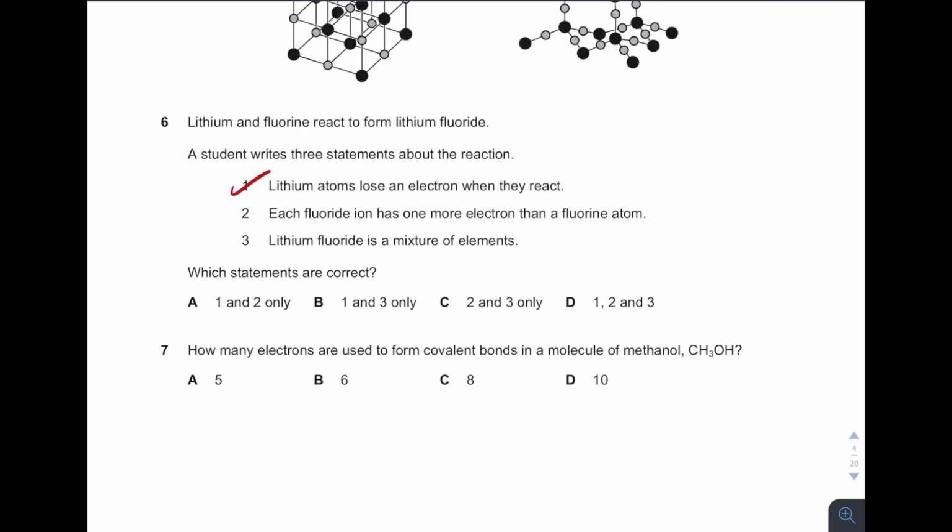So fluoride has extra electrons compared to fluorine. Correct. Lithium fluoride is a mixture of elements. No, it is incorrect. Remember, they are an ionic compound, not a mixture of elements. So the answer is 1 and 2, which is A.